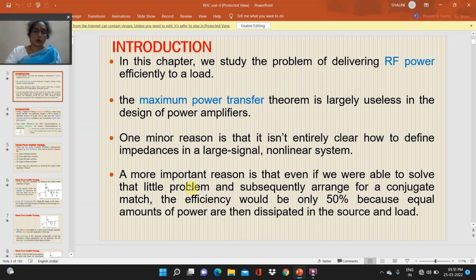A more important reason is that even if we are able to solve that little problem and subsequently arrange for a conjugate match, the efficiency would be only 50% because equal amounts of power are then dissipated in the source and load.